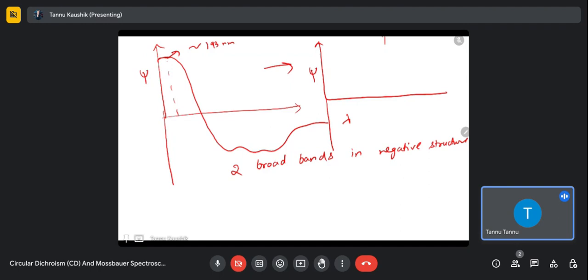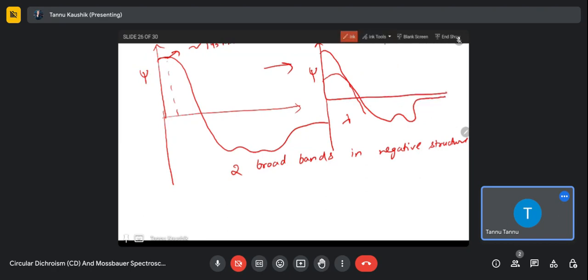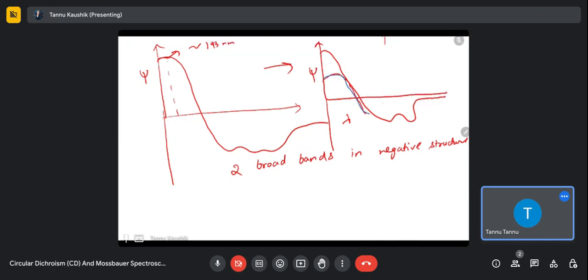So we will get a sharp band in the positive region and two bands in the negative region. And also a band at a higher wavelength, that is more than this positive band at 193 nanometer, and a broad band in the same region.